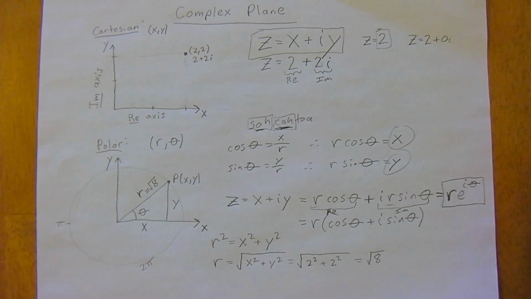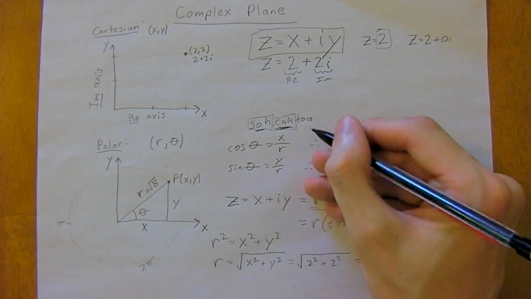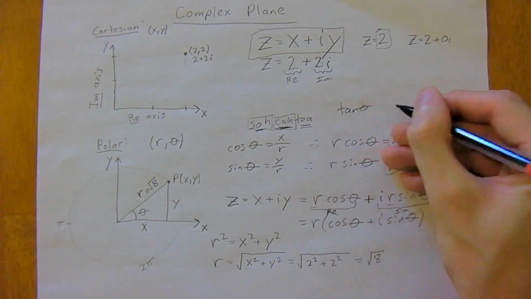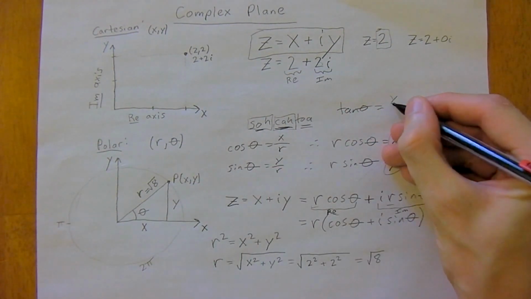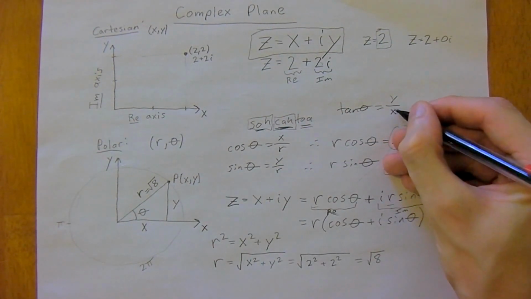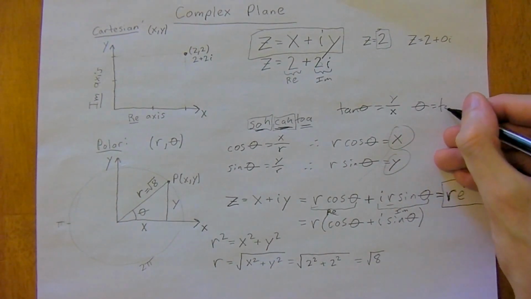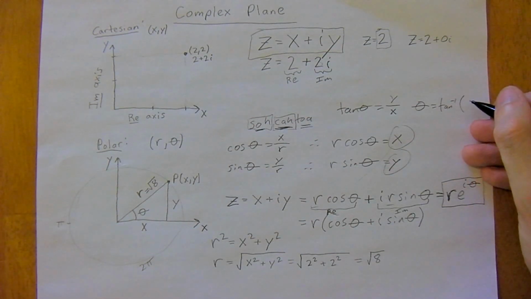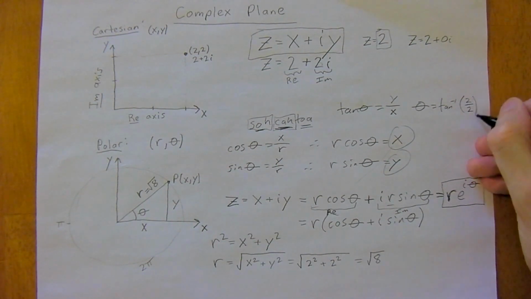And then if you want to get the angle here, well, just to complete it, TOA. So tan theta equals opposite divided by adjacent. So opposite is y, adjacent is x. And so therefore, theta is the tan inverse of, well, y is 2 and x is 2.